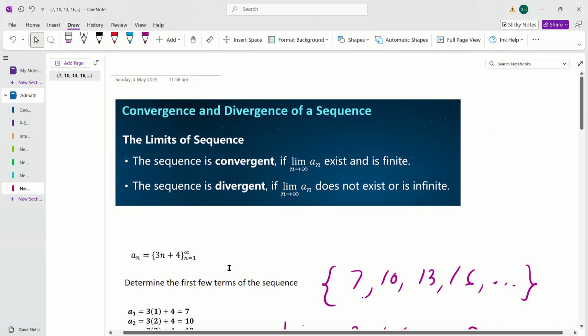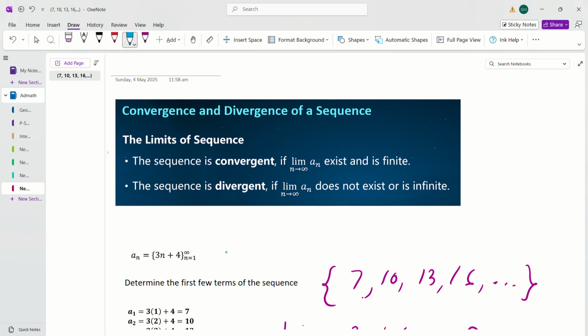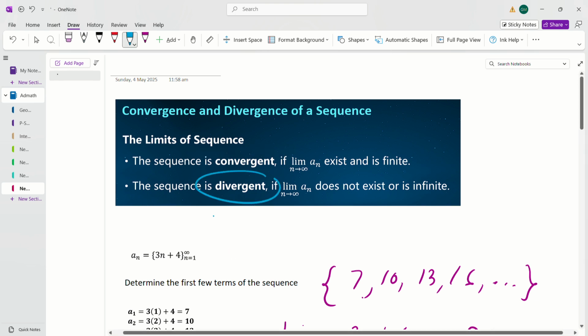In order to identify if your sequence is convergent or divergent, you can apply the limit to the sequence. If there's a limit, the sequence is convergent. Otherwise, if there's no limit, the sequence is divergent.